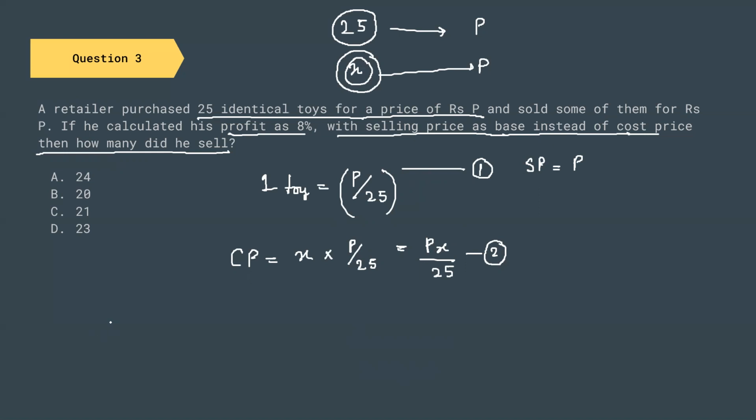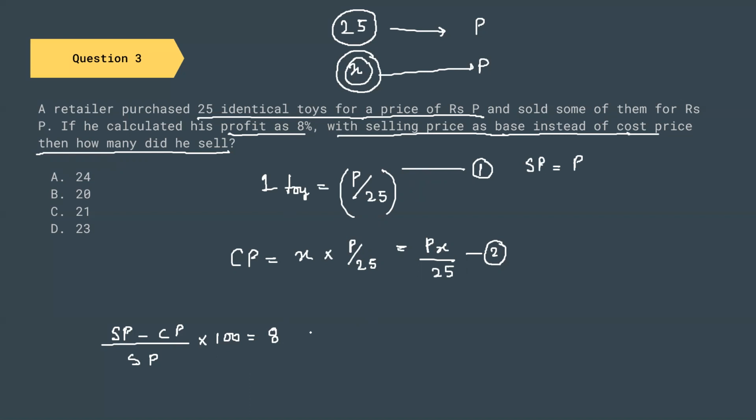So you can rewrite this in this format: SP minus CP divided by SP. Why? Because they are telling us to take SP as the base, and into 100 gives us the profit, that is your 8%. So instead of writing 8 by 100, we are just going to write 8, because when we multiply this term into 100, that gives us 8 only.